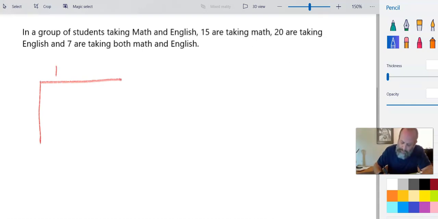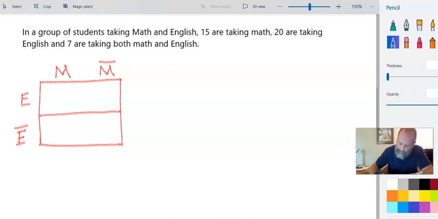And across the top, I'm just going to say taking math or not taking math, which would be the complement. And then we have taking English or not taking English. And then we're just going to start sorting these. And then down here at the bottom, I'm going to put some totals. And over here, we've got totals here.